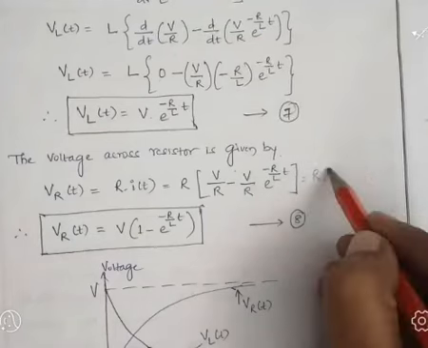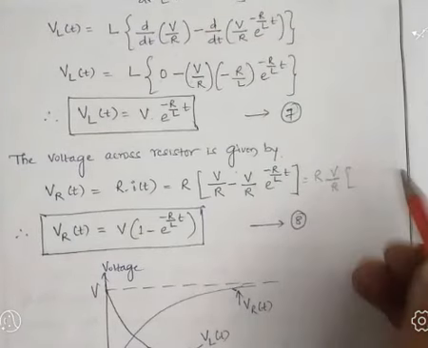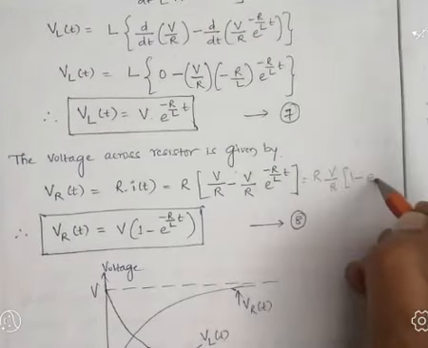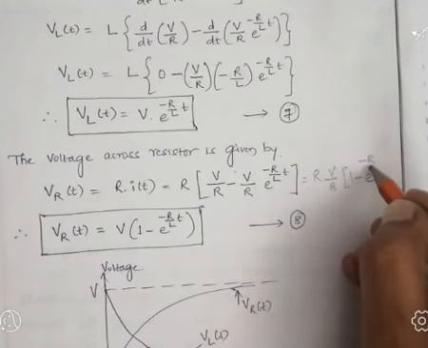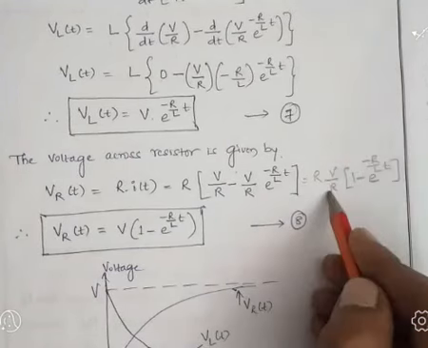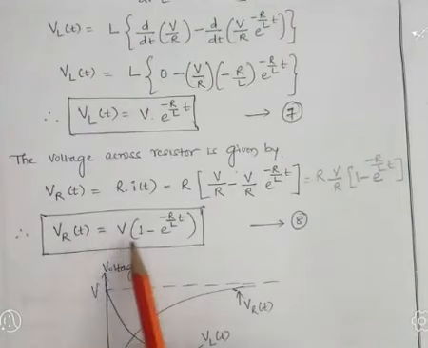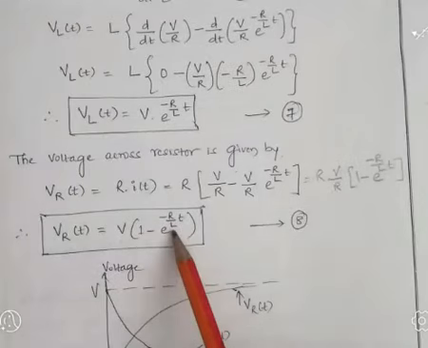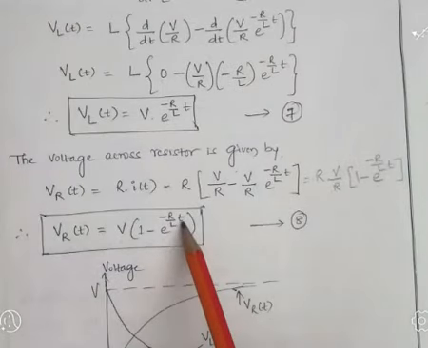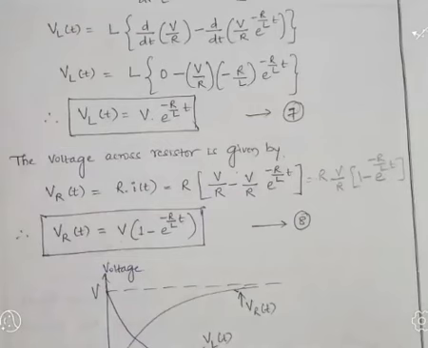I have taken V by R outside. Left with 1 minus e to the power minus R by L into t. This R and this R cancel. Left with only V. Hence VR of t equal to V into 1 minus e to the power minus R divided by L into t. Equation 8. Equation 8 will give the voltage across the resistor.